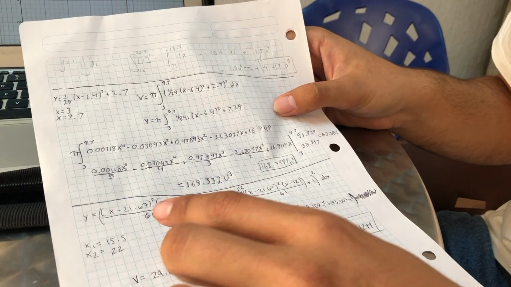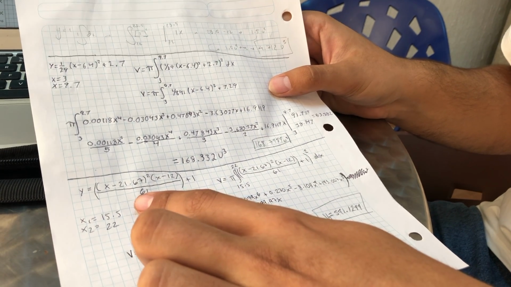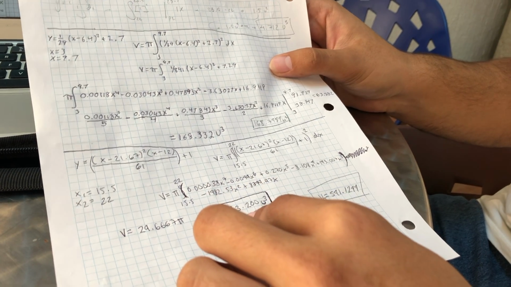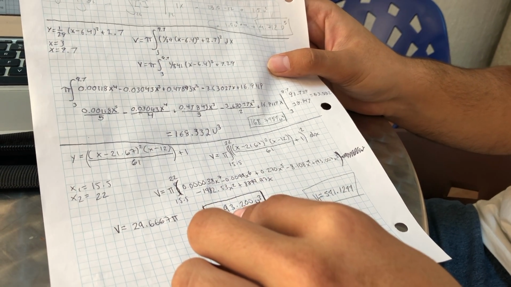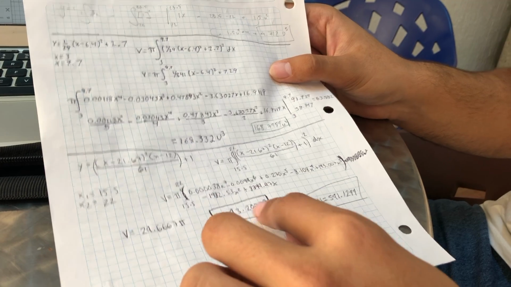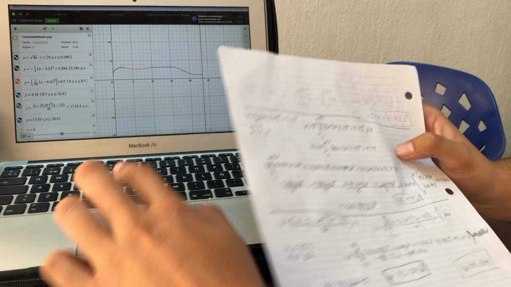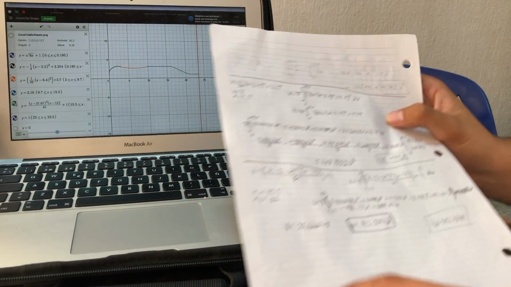And the last function we used was this one, with a volume of 93.20 cubic units, which was the part before the end.